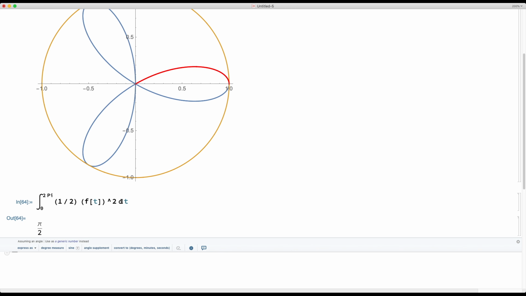If the coefficient of t was an odd number, what actually happened is it drew the 3-leaf clover twice. So if we integrate from 0 to 2 pi, we've actually double counted all of the area, which is why we got double the number that we did a minute ago. So you have to be careful to make sure that you're not accidentally double counting area.